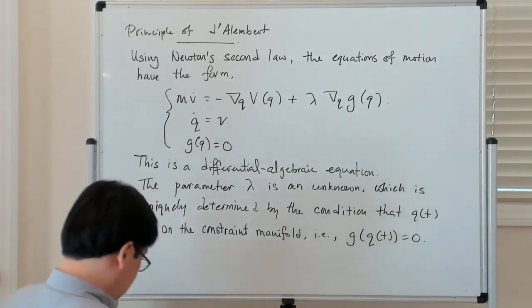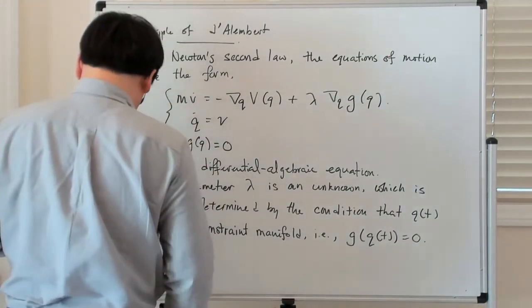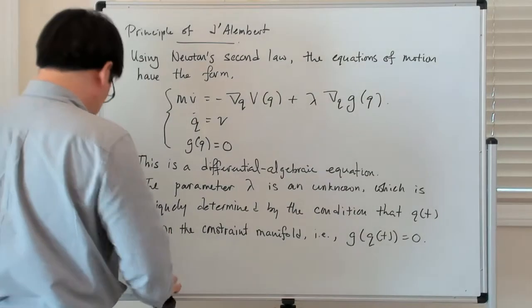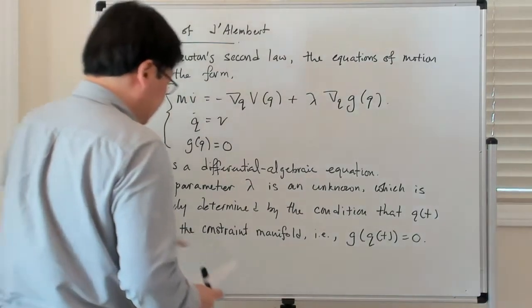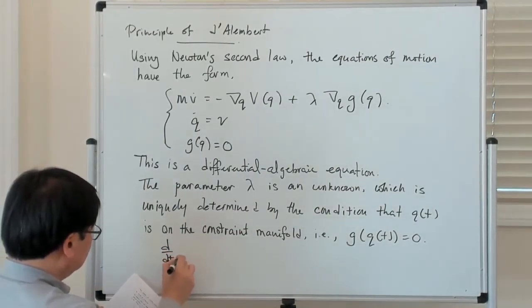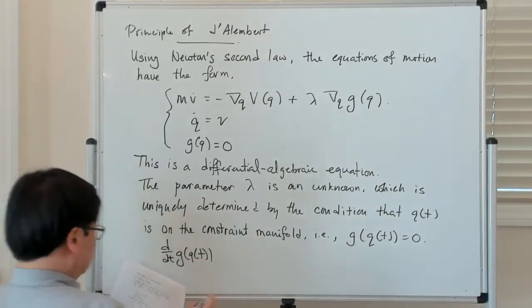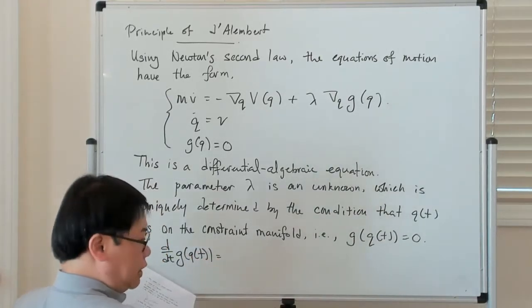So let's see what happens in this specific case. Let's differentiate g of q of t. So that's d/dt of g of q of t. Let's just apply the chain rule.